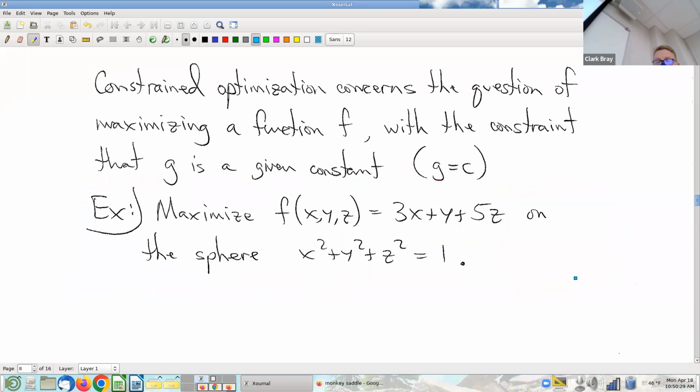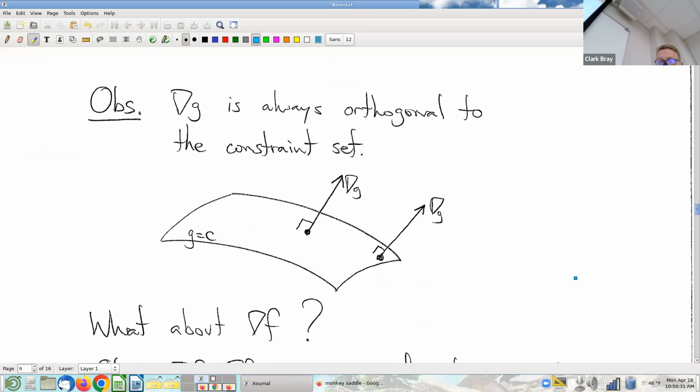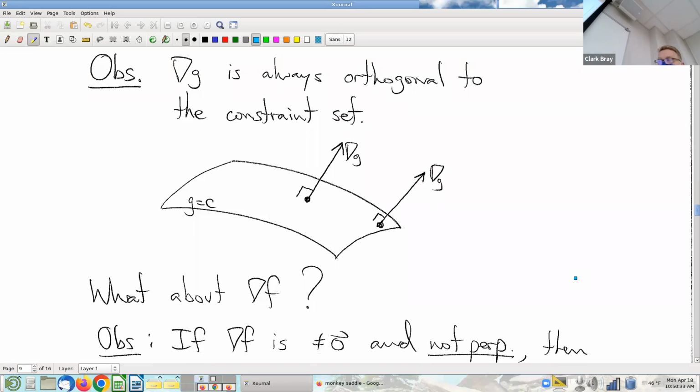Okay, so here's a couple of quick observations. Time being a factor, I'm going to be quick with the details here. I'm going to hit what I think are conceptually the big points. Because we are looking at a level set of the constraint function, the gradient of that constraint function is always orthogonal to that constraint set.